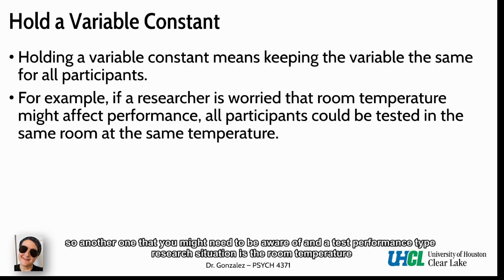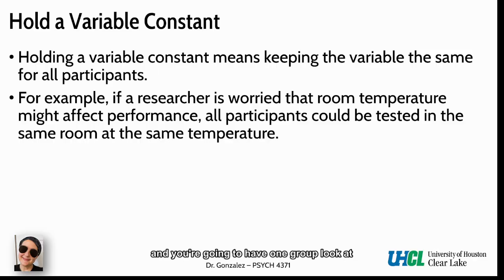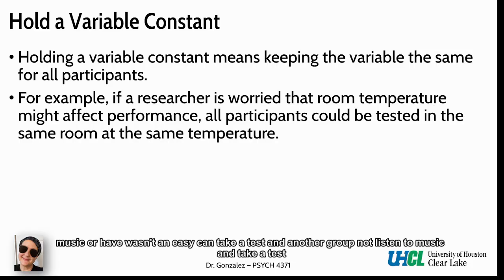So another one that you might need to be aware of in a test performance type research situation is the room temperature. Maybe you've set up your experiment and you're going to run it concurrently on the same day in 2 different rooms, and you're going to have one group listen to music and take a test, and another group not listen to music and take a test.